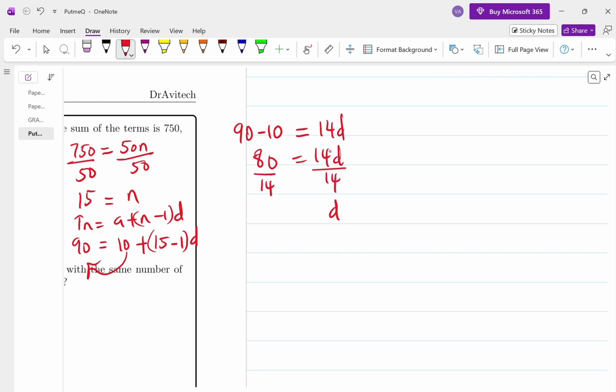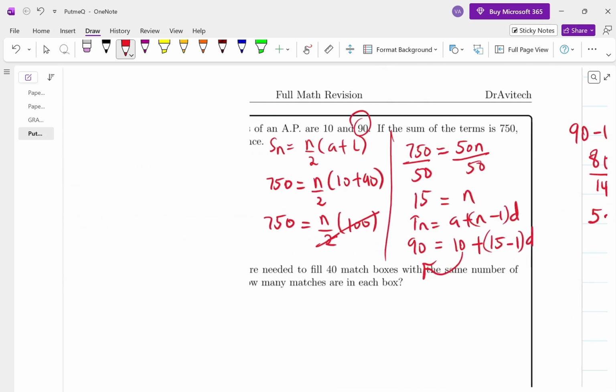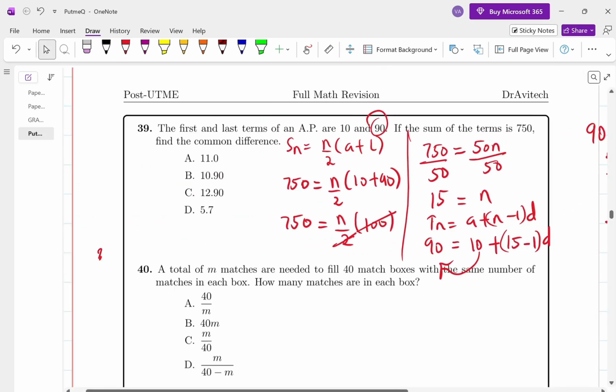So d becomes 80 divided by 14, which is 5.7. Alright, so the answer becomes D. That's the answer for that question.